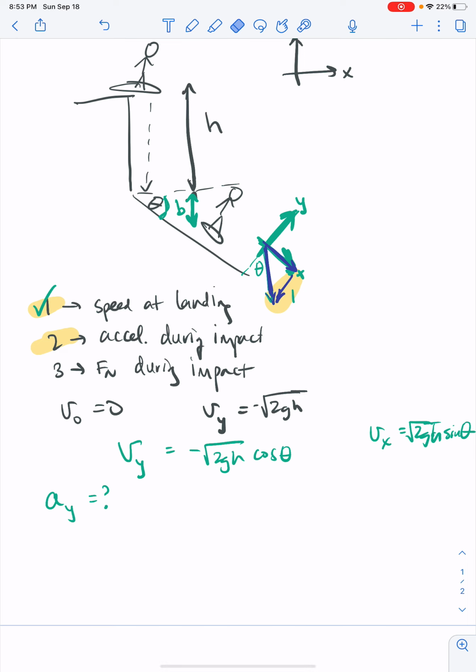Let me write this in a different place to make that less confusing. So we've got b here, b sine theta, b cos theta. So delta y is negative b cos theta, and this is just a 1D kinematics problem again.